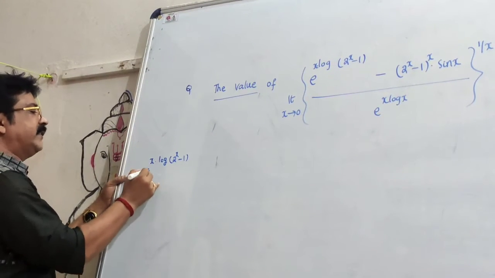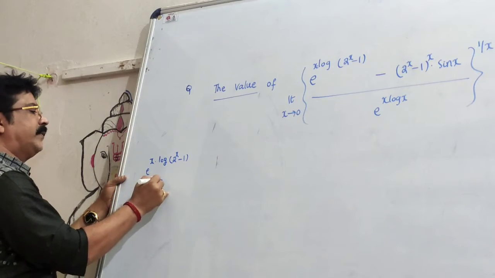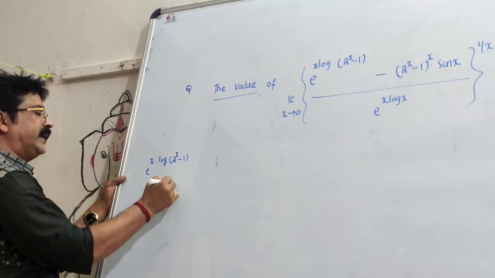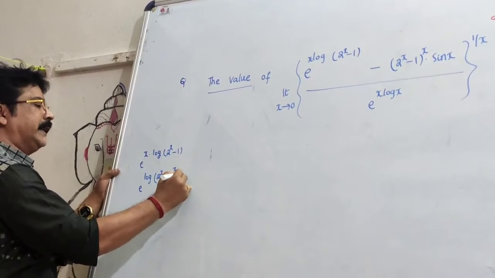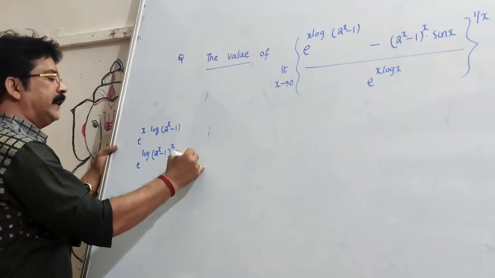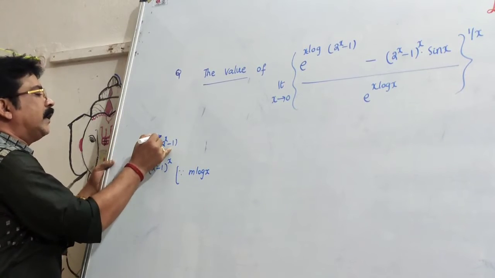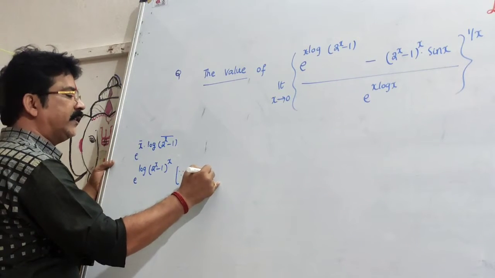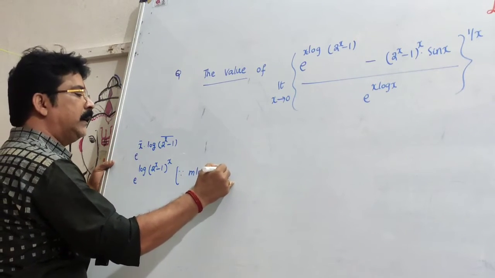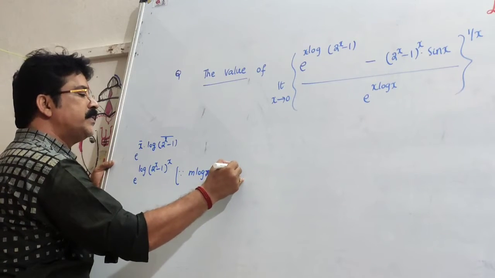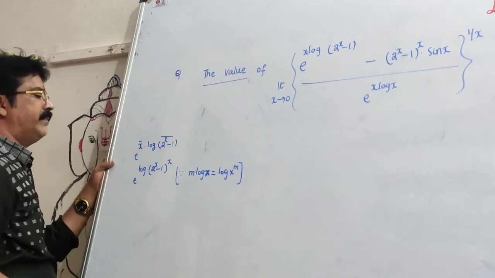It can be written as e power logarithm of (2 power x minus 1) whole to the power of x, since m into log x is equal to logarithm of x to the power of m.